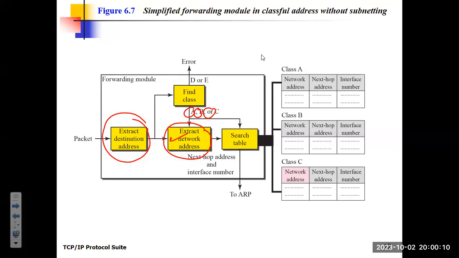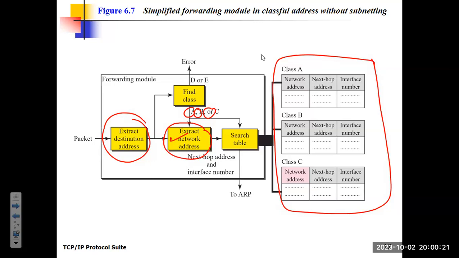Then when you find the network address, our table is divided into three small tables. You list all the class A networks in one table, class B in one table, and class C in one table. Why? You want to save time. If you have one big table, you have to search through all of it, and it's going to take longer. That's why we divide it into three small tables.